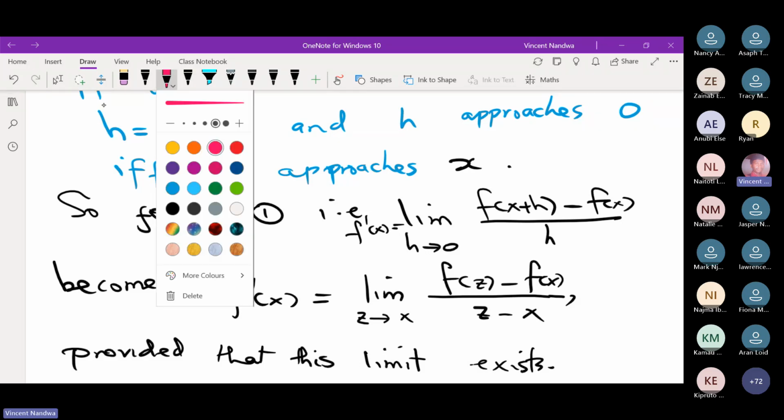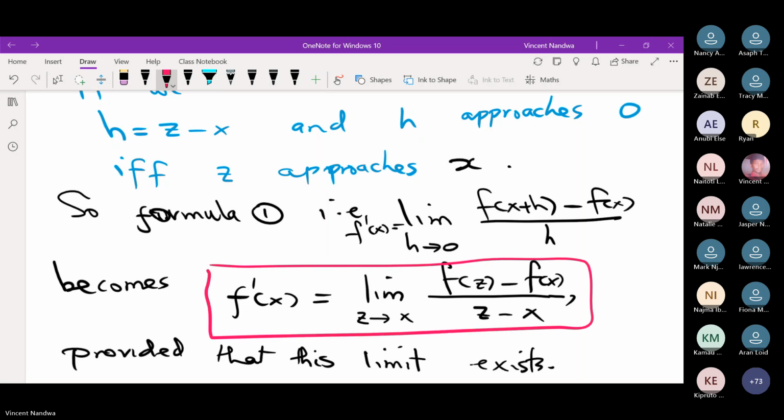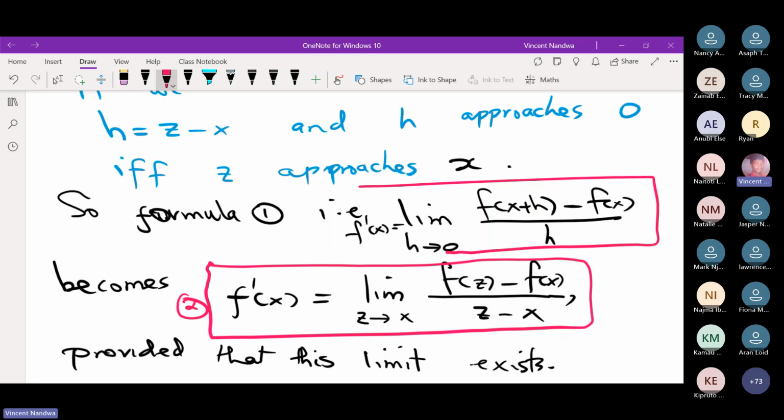I want us to call this 2. So 2 and 1 represent the same thing for defining the derivative of f of x. You can define f prime of x using the formula in 1, or you can use this formula too. Both of them imply the same thing.